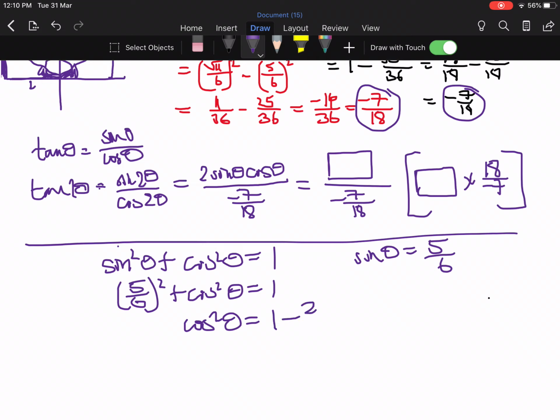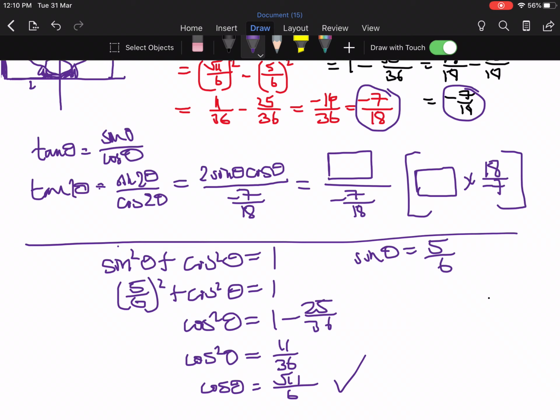then I can just rearrange it to find out what cos is. So it's 1 minus 25 over 36, which is going to be 11 over 36 is equal to cos squared theta. So cos theta is equal to the square root 11 over 6. And that backs up what we were saying.